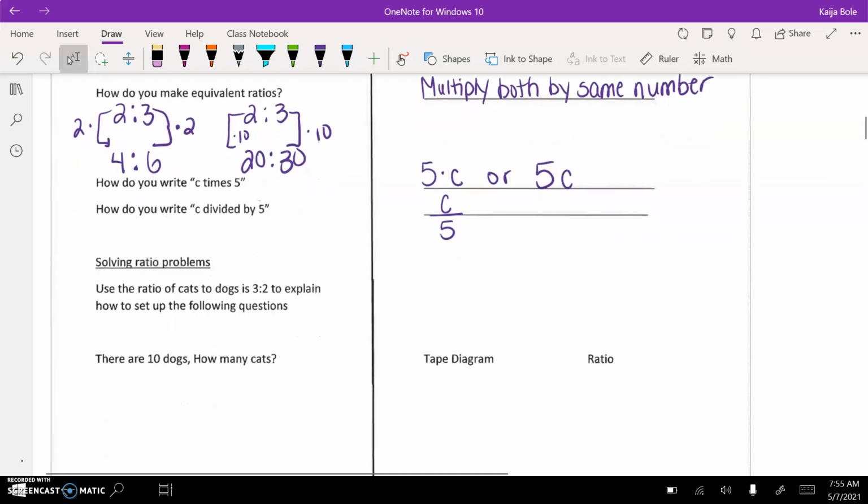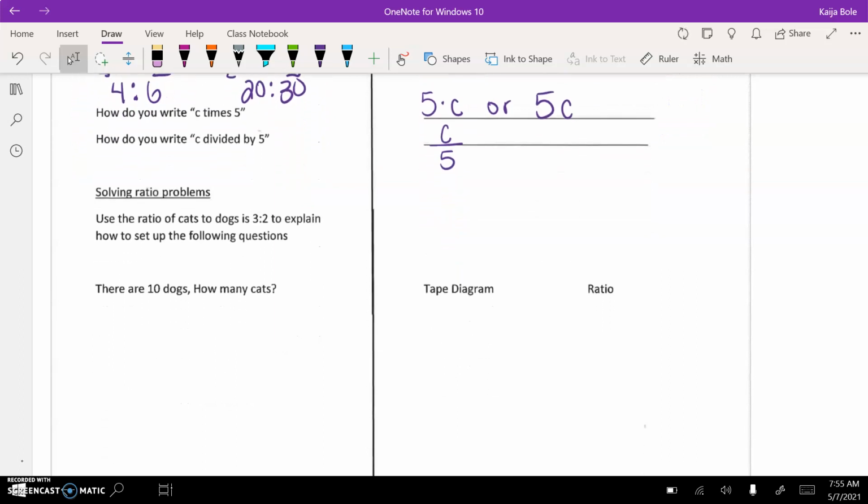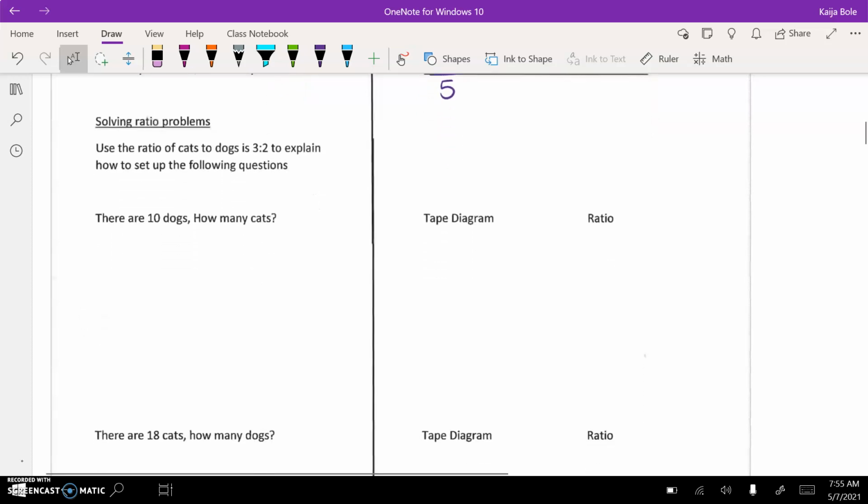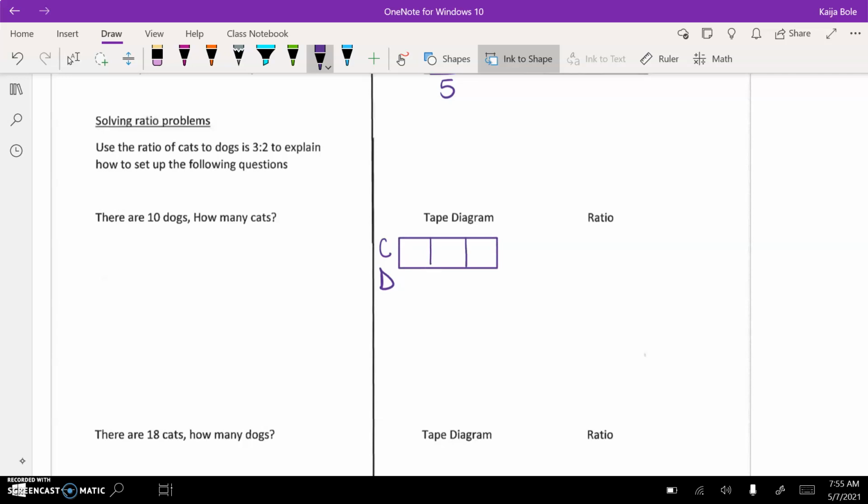And then we've got some solving ratio problems. Use the ratio of cats to dogs is 3 to 2 to explain how to set up the following questions. There are 10 dogs, how many cats? So tape diagram, C for cats, D for dogs, and it's 3 to 2. I'm going to have 3 boxes on the top, 1, 2, 3, and then 2 on the bottom, 1, 2.